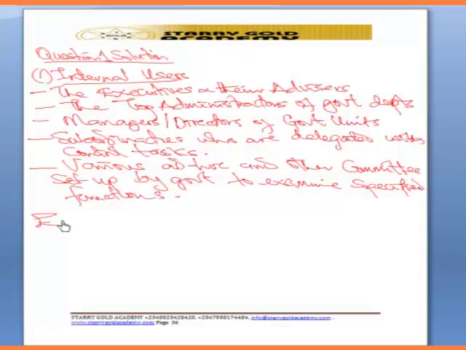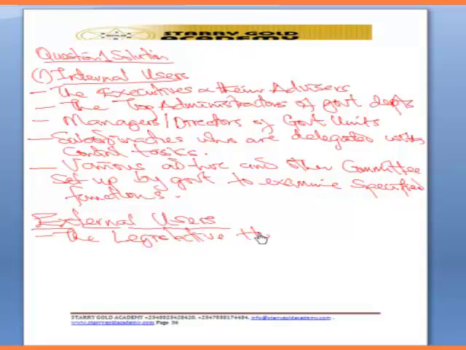Let's look at external users. External users, we have the legislative houses, or what we call the Senate.